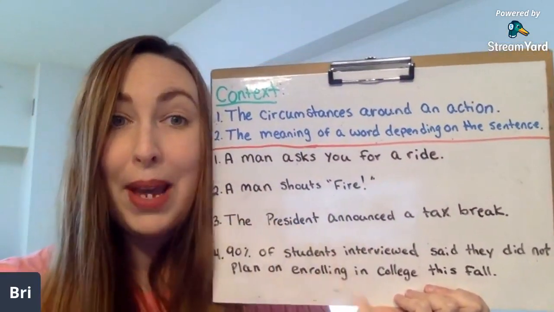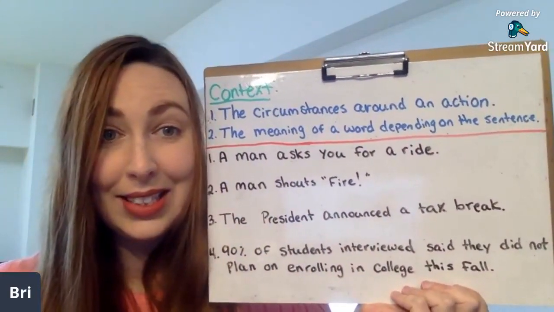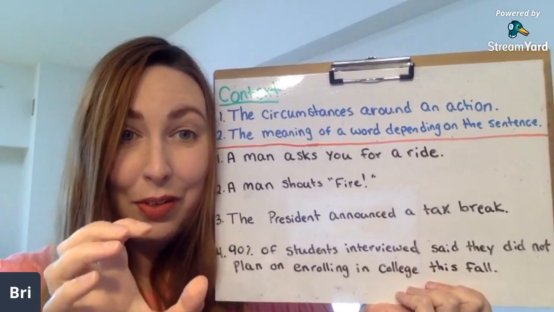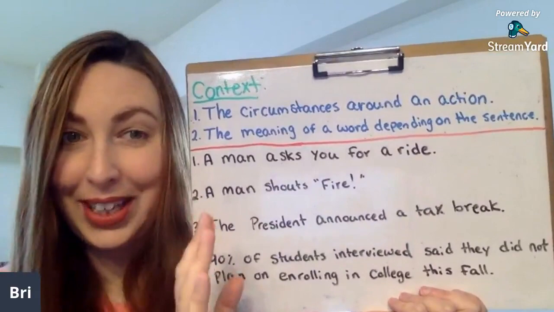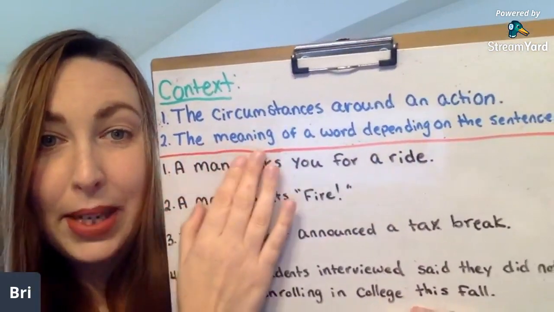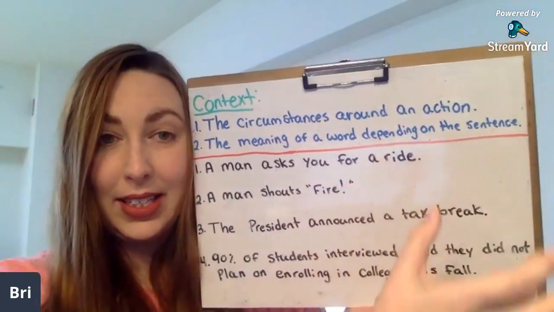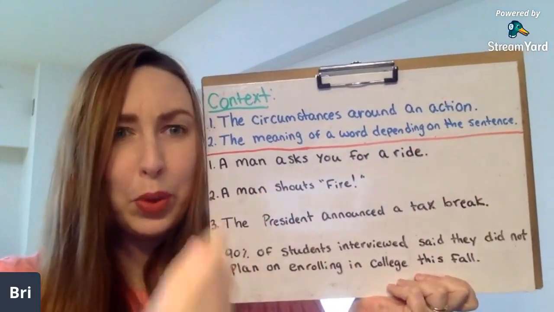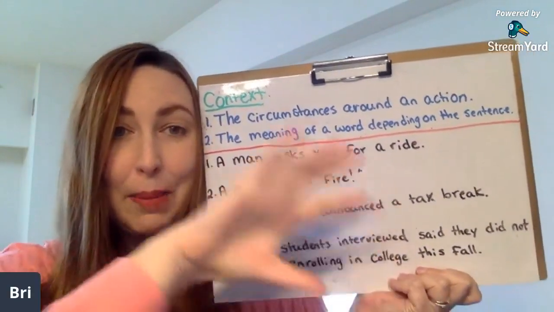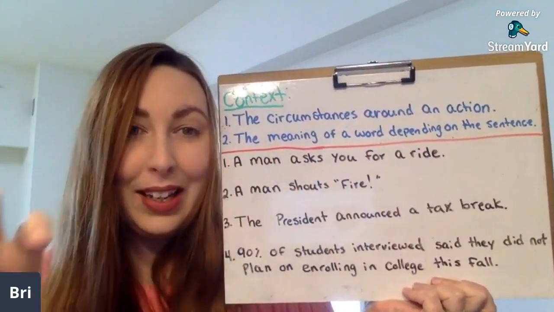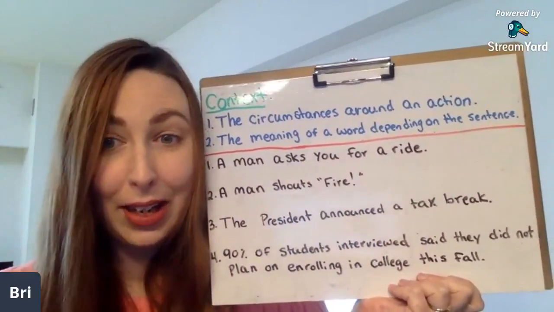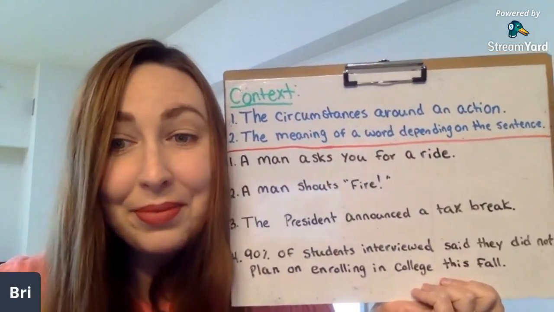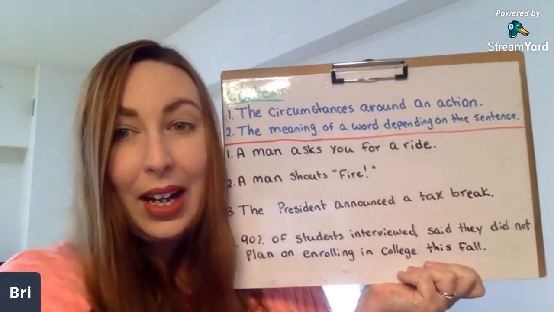So depending on the circumstances, the action itself could have a different meaning. Okay, we'll get into it. Number two, the meaning of a word depending on the sentence. So the meaning of a word or a phrase, depending on what the sentence or what the paragraph is talking about. Okay? All right. So let's get into it.